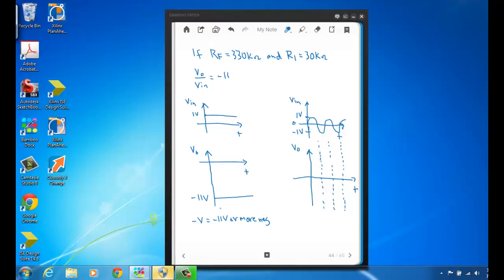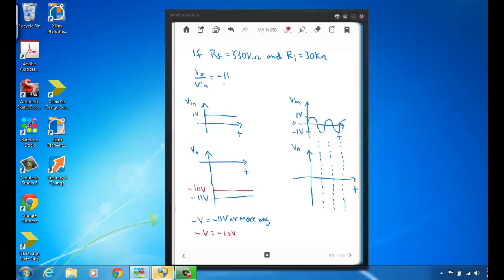However, if the negative power source was something less negative than minus 11 volts, like let's say minus V was minus 10 volts, well then instead of getting this expected output of minus 11 volts, what would happen is that V out would just hit that lower rail of minus 10 volts, and that's what our output would be.